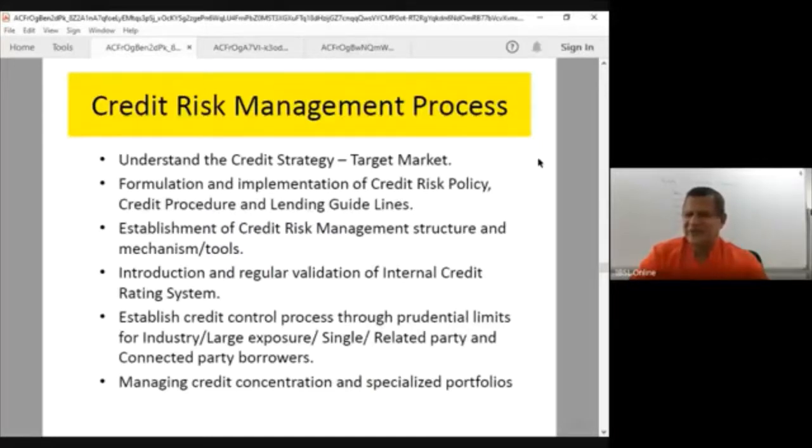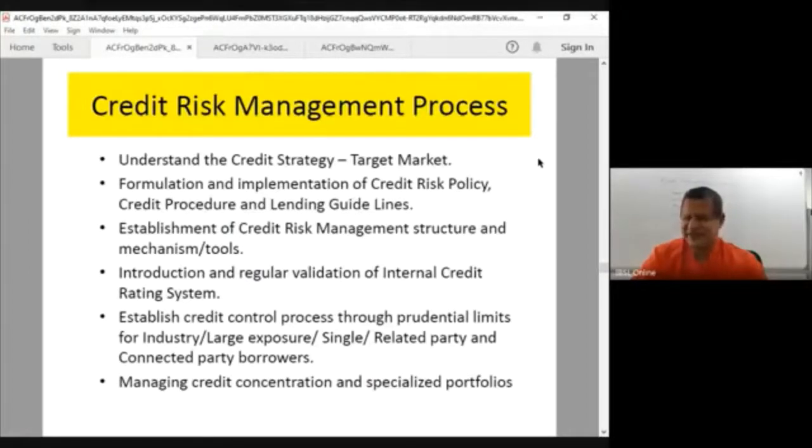Some banks also have what we call lending guidelines. Some have embodied this into the credit risk policy manual itself, but some have separate lending guidelines. Lending guidelines are needed because all the industries will not have the same type of risk.